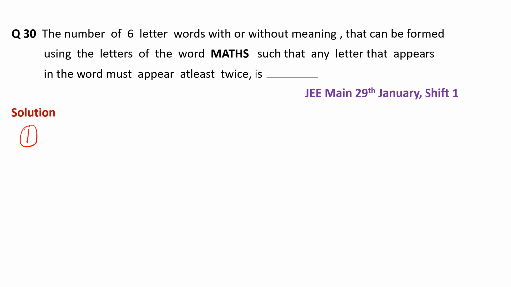The first case is when we form a 6-letter word by using one distinct letter. That means we will form a 6-letter word by using just one letter.